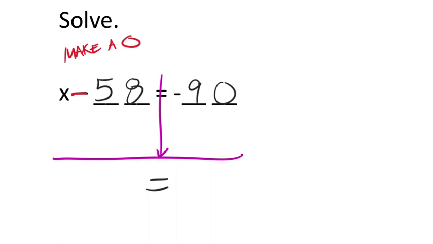Maybe some of you could do it in your head, and that's pretty cool. What I would like to see from my final equation is x equals just a number, meaning I don't want to see anything added or subtracted to this x, so I can write it like this, just x. But that means the minus 58 there is going to have to become a 0.